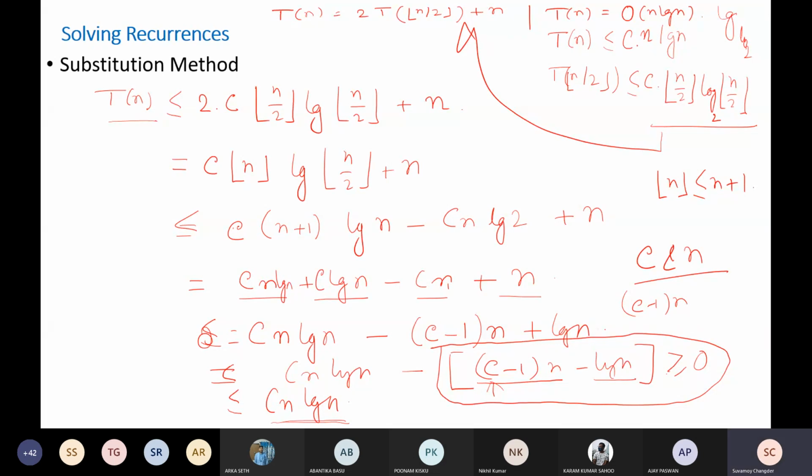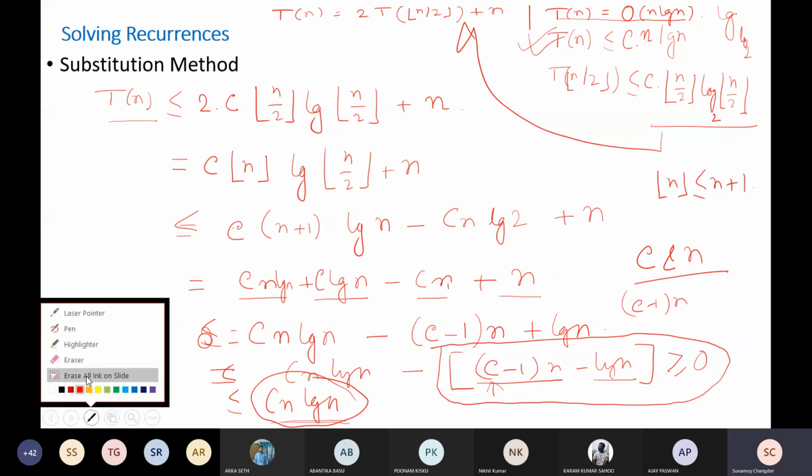We can say that the assumption is correct, but here we have proved only half of the assumption. We have considered big O of n log n, and we have shown that Tn is less than or equal to C n log n. Therefore, theoretically this is correct, but we have to check this with values.